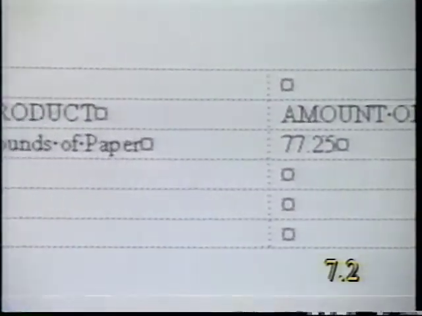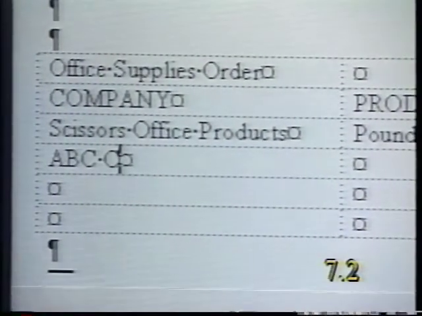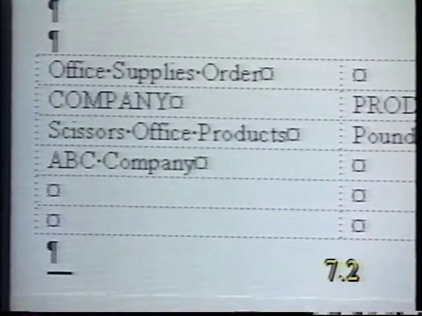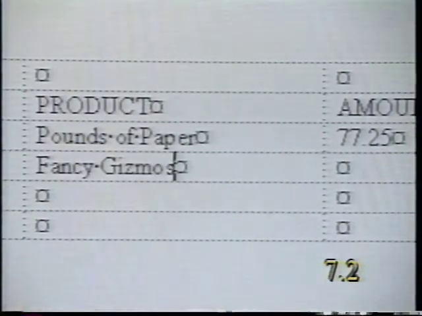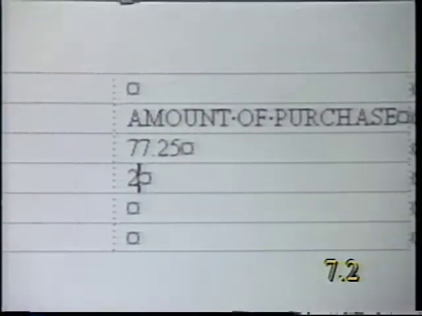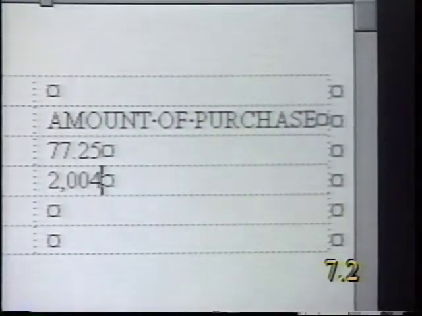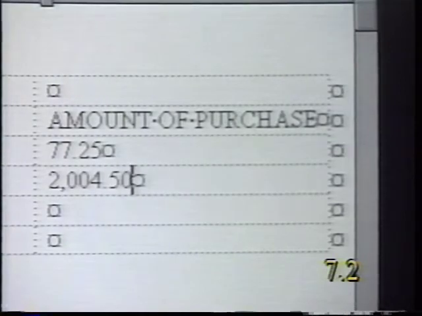We'll format these numbers in a moment, but at this time they will be left aligned. If you are creating a table for someone else to complete, all of the formatting can be added before the data entry.